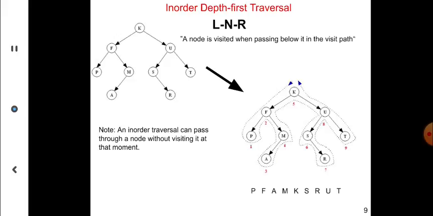Then I come to node F, and then left again, A, and then again node M. Then I have to come to the node K. After K I'm going to definitely go right, so it is coming to S, and after S you are coming into R, because it is actually your right after node.